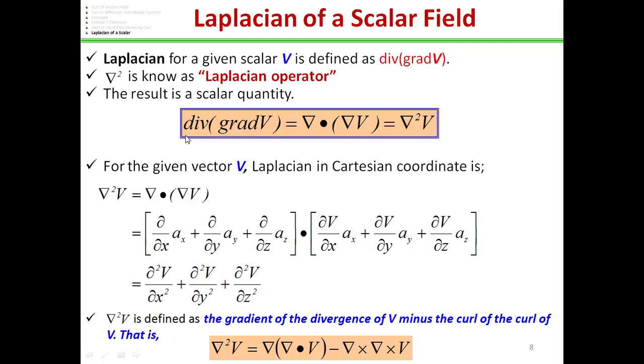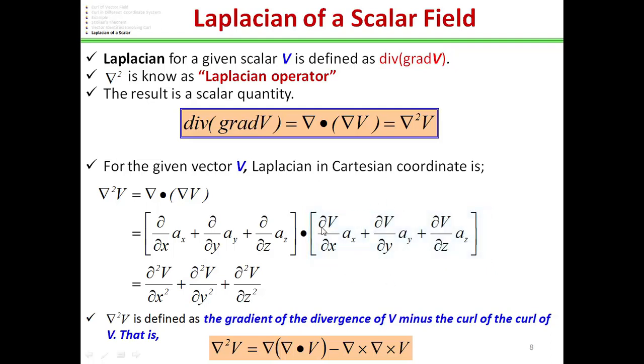So, the divergence of the gradient of V can be represented as del dot del V is equal to del square V. For a given vector V, the Laplacian in the Cartesian coordinate system is written as del square is equal to del dot del V. The divergence is written as del by del x ax plus del by del y ay plus del by del z az. Divergence with gradient of V. And this whole function is the gradient of V.